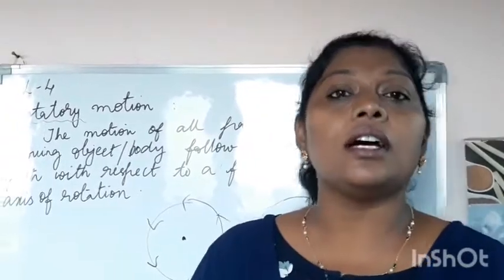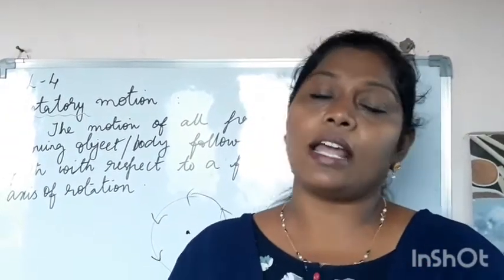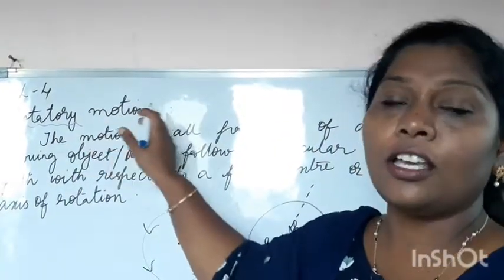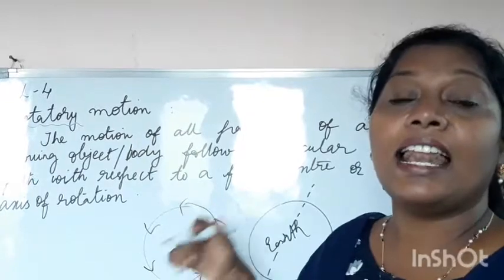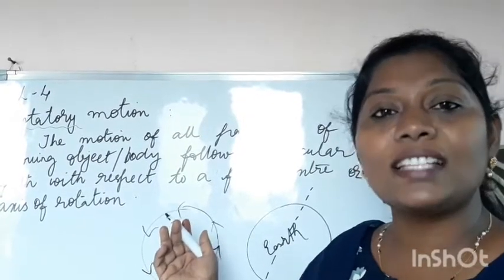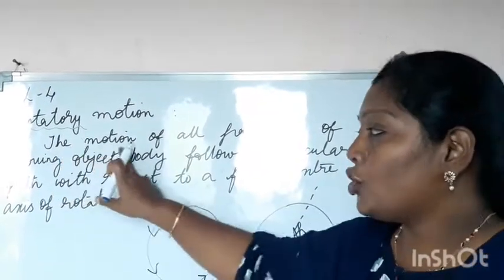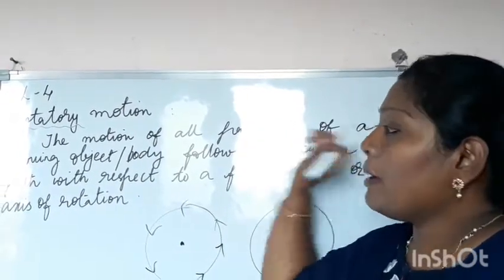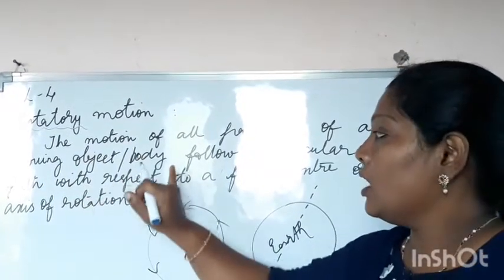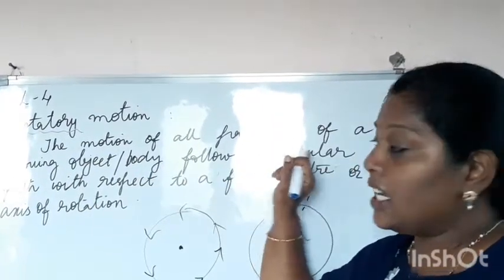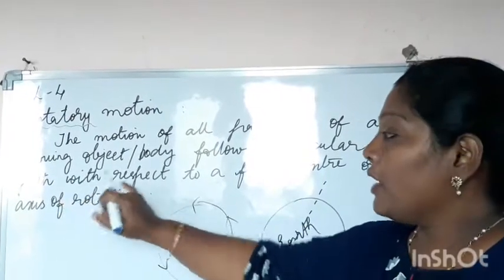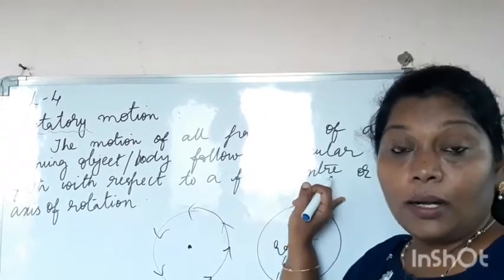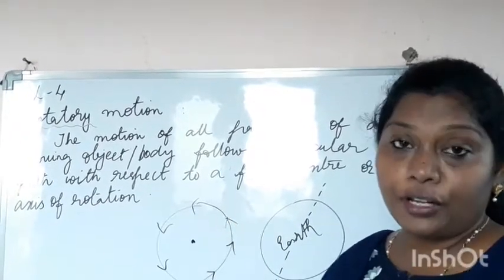So children, we will learn a few more examples so that you can easily understand rotatory motion. Let us repeat the definition once again. The motion of all particles of a moving object follow a circular path with respect to a fixed center or an axis of rotation.